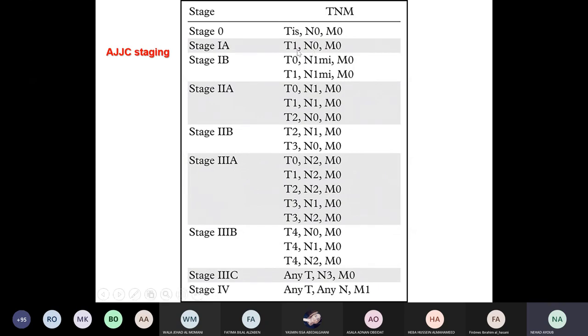Now if I did my check and found that the patient's tumor size is below 2 centimeters, I checked like 10 lymph nodes and they were all negative, they did not contain cancer cells, and I did my CTs and there was no distant metastasis, then it is T1N0M0 disease. This correlates with stage 1A.